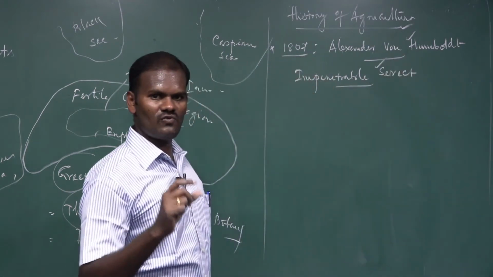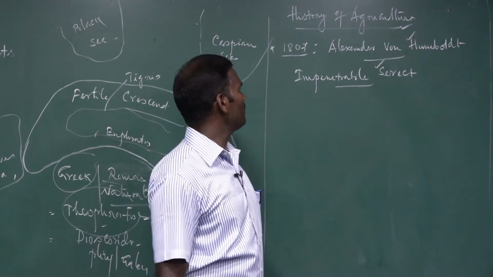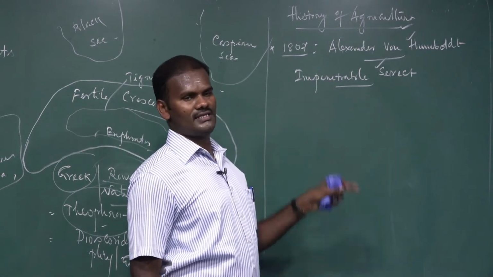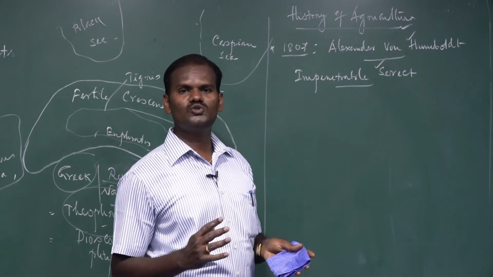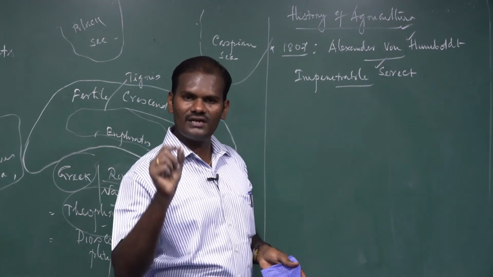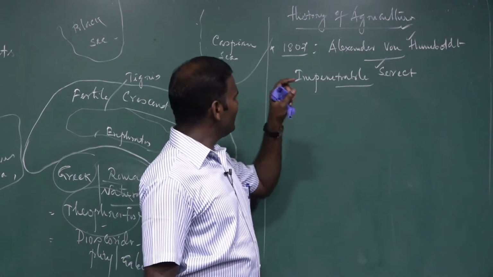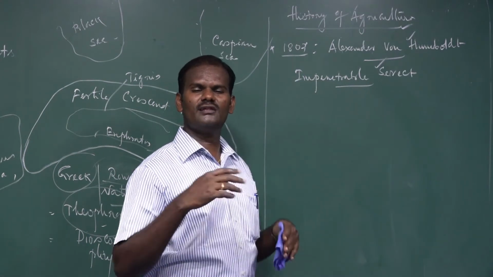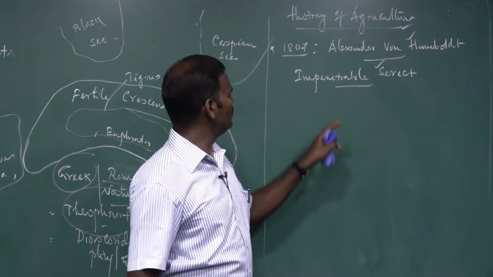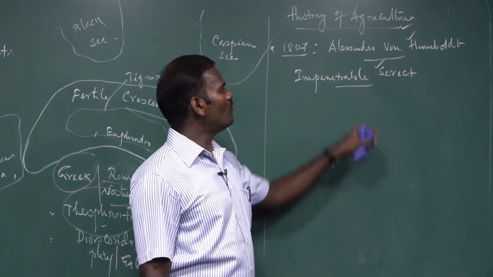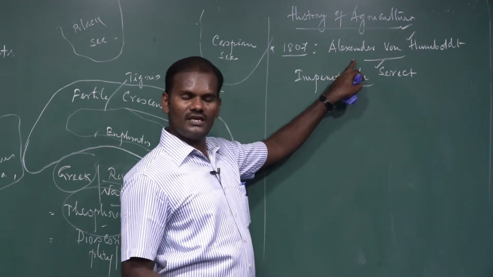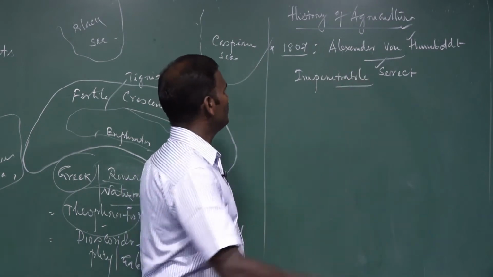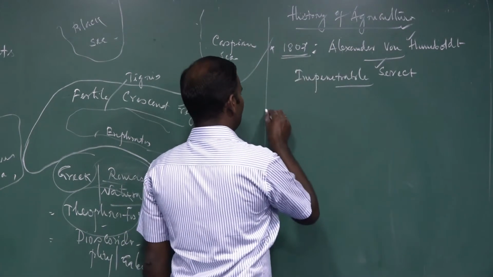He was the first to put forward this to explain the origin and main sources of the important cultivated plant species. It is an impenetrable secret, difficult to understand. Alexander von Humboldt was also a naturalist in the year 1807.